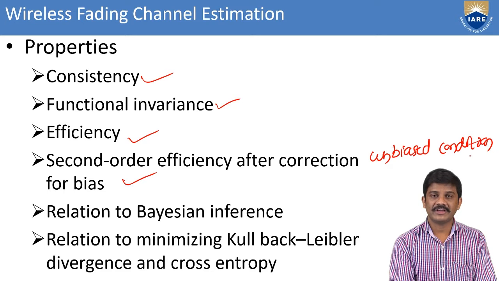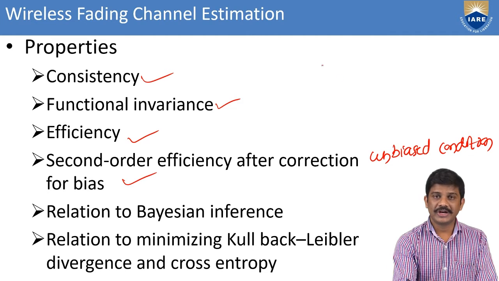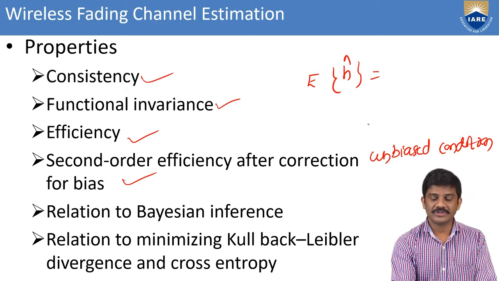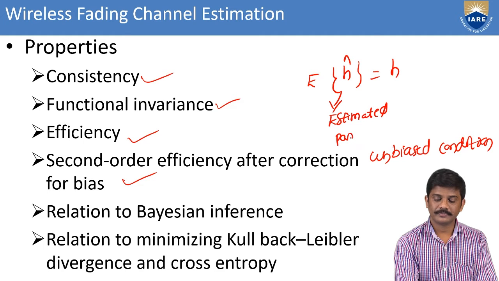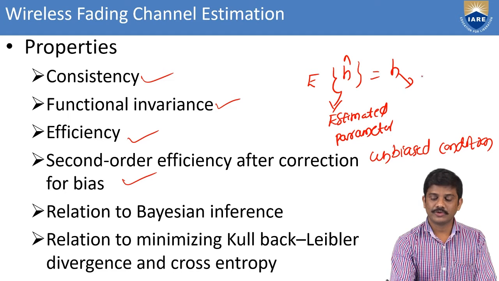When we get the unbiased condition, we are considering the estimation of the coefficient parameter, where this is the estimated parameter and this one is the true parameter.